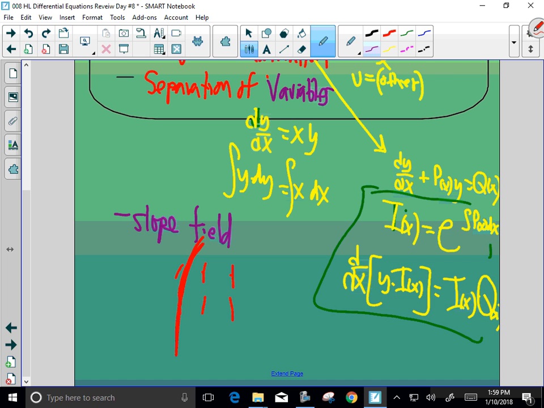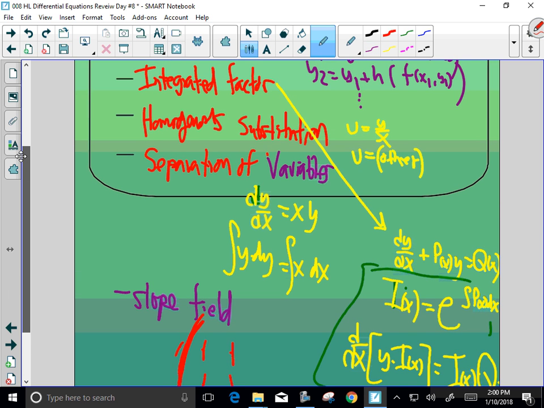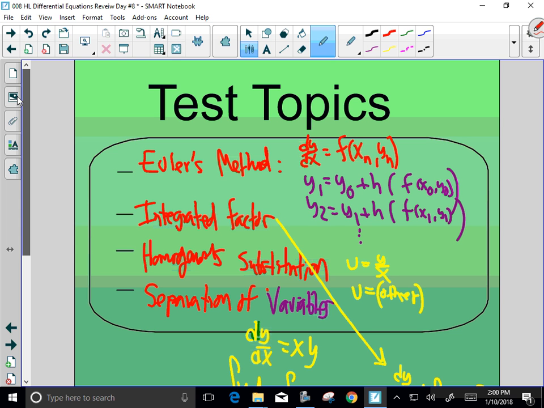And this way you can say that the derivative equation can be turned into a y equation. So you're finding y. And in all of these, you're finding y: y equation, y function, y value. And that's the test tomorrow.